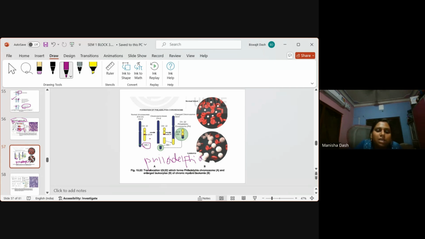The ABL1 gene is a tyrosine kinase, which takes part in the cell cycle and cell division. Once ABL1 comes in close contact with BCR, it keeps this gene permanently switched on. That means the cell division will be continuously happening, which is nothing but tumor growth, leading towards cancer.